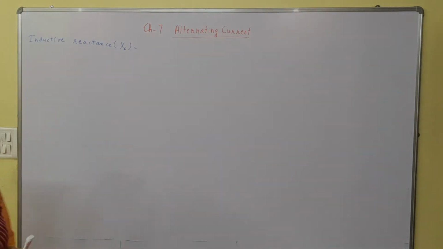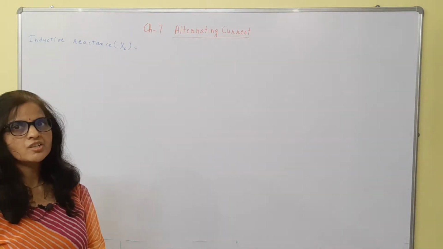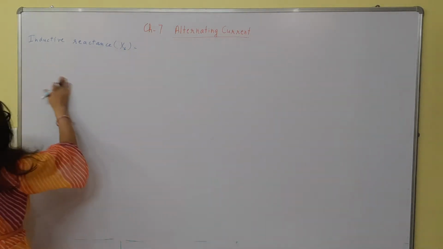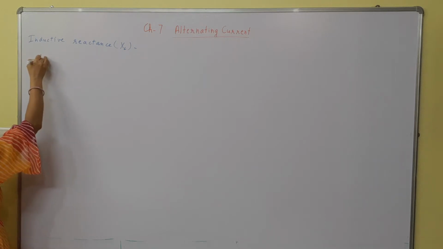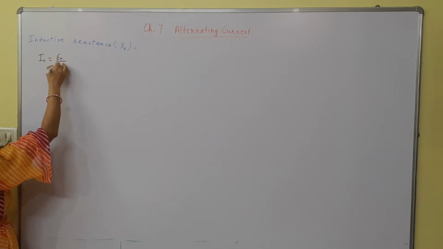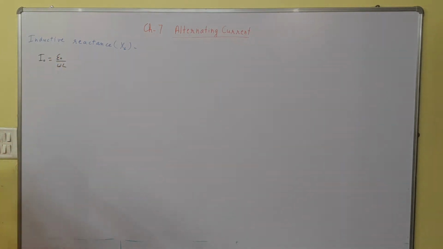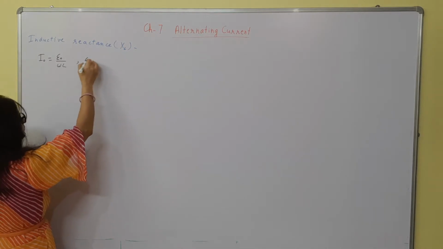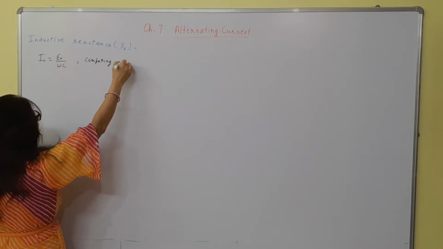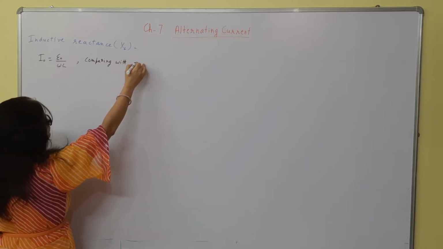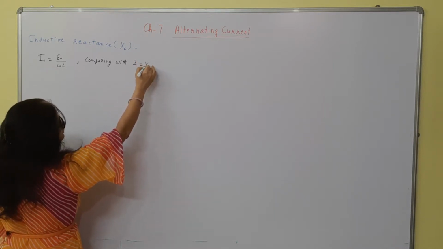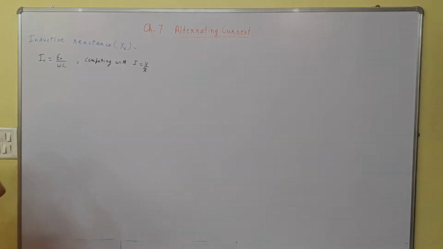So what is inductive reactance? While deriving the phase relationship between the voltage and current, we had derived that the maximum value or the peak value of the current is E naught upon omega L. So if we compare it with this, what do we get?